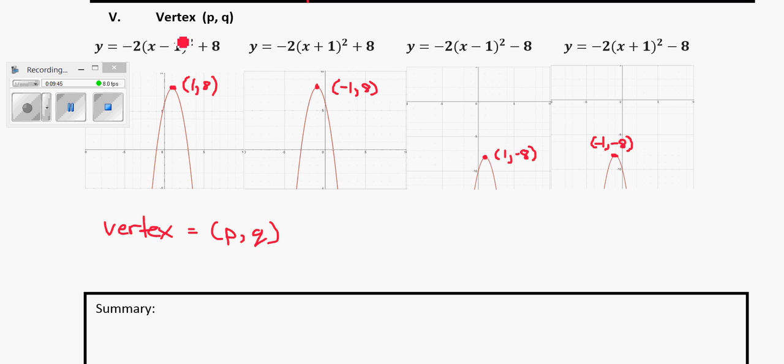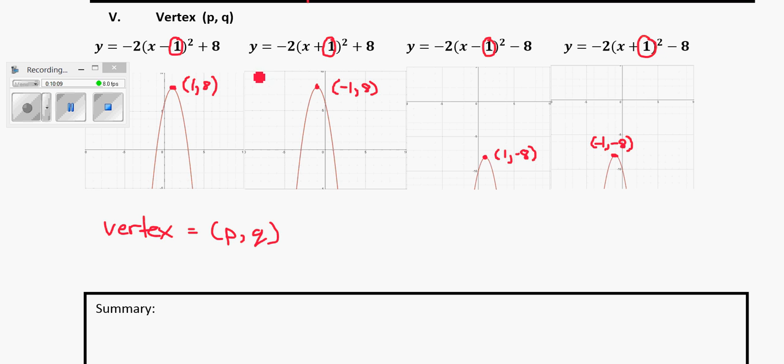So in the first one, remember for p, it's always the opposite of what the sign is in the brackets. So the p here is positive 1. The p here is negative 1, positive 1 there, and on the last one, negative 1.